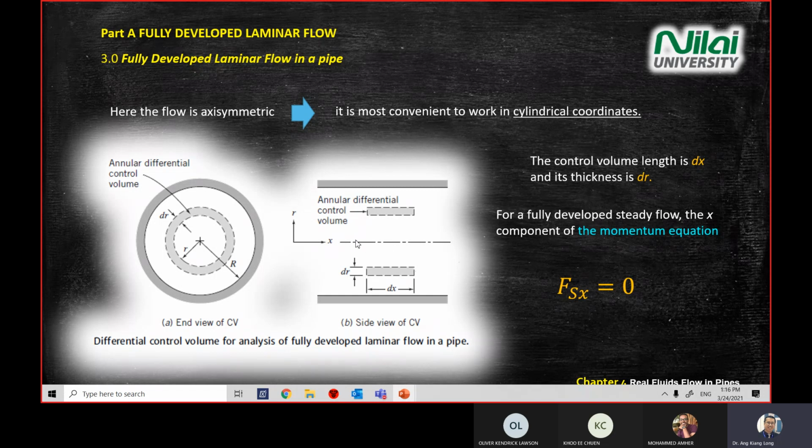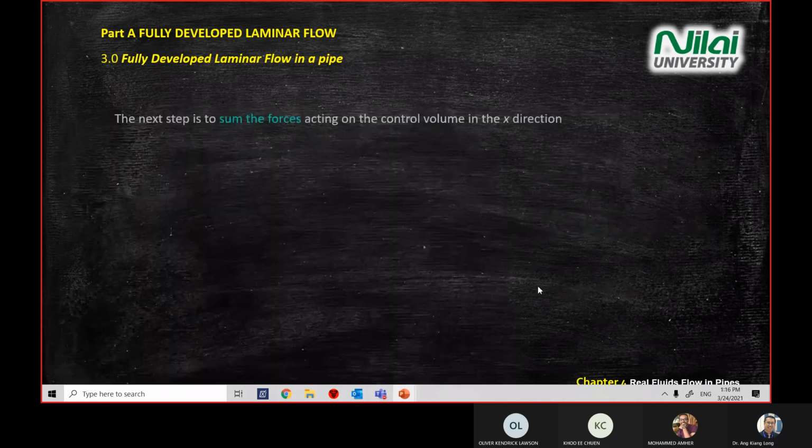There's no force at the middle here. So the first equation for fully developed laminar flow in a pipe is that the surface force in x is 0, because it's a steady developed flow.